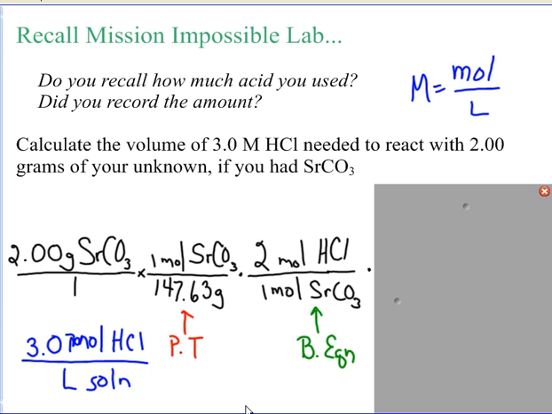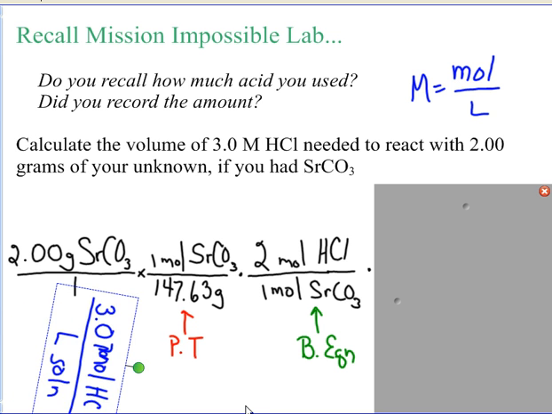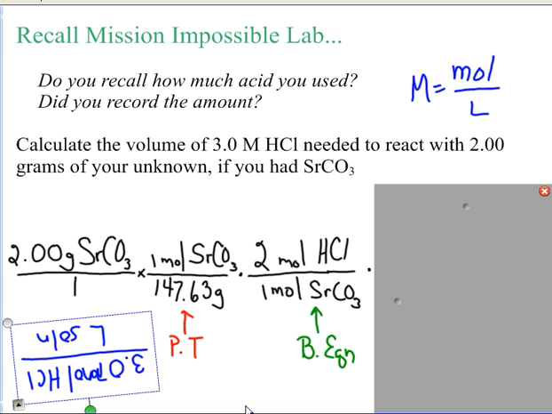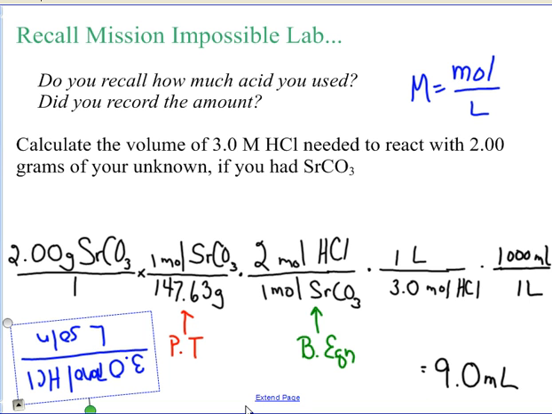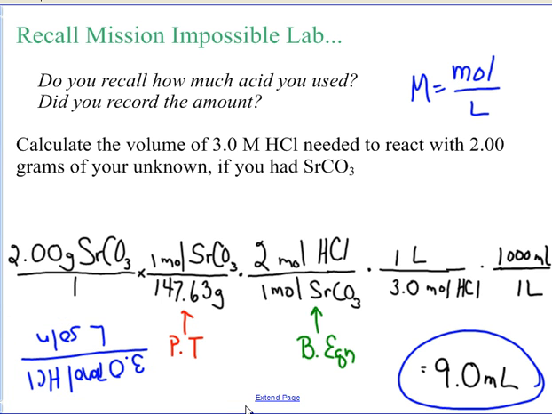Well, if you take this ratio and turn it upside down, then your moles of HCl will be in the denominator and your liters, what you want to calculate, will be in the numerator. And that's what I've done here. Then I've allowed myself the opportunity to go from liters to milliliters, and came up with the final answer of 9 milliliters of HCl. Happy calculating.